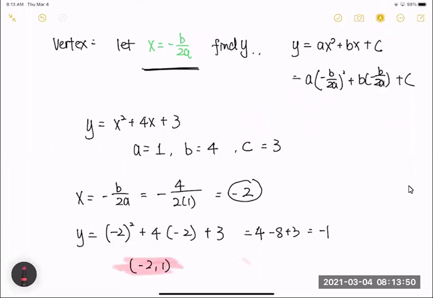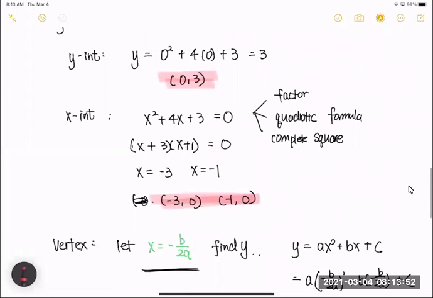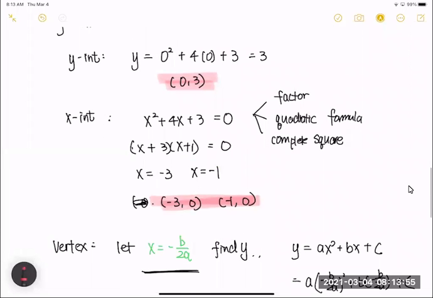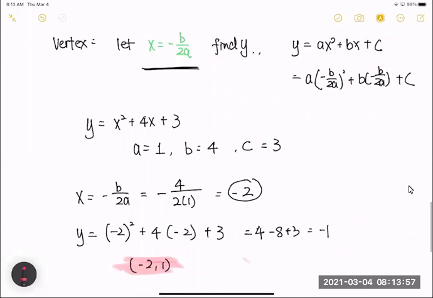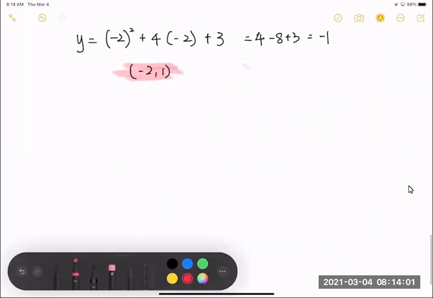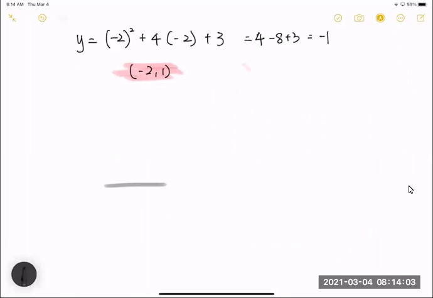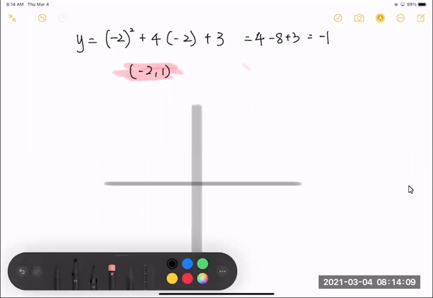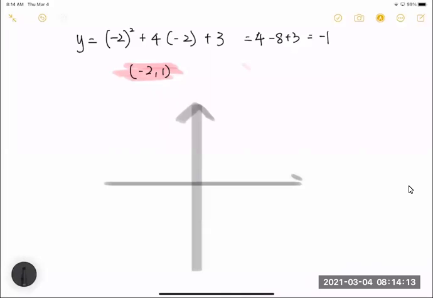Okay, now we have all the information that we need. We have a y-intercept, we have an x-intercept, we have a vertex. Now we can plug in the points together to draw the graph. So we have a vertex negative 2 and 1.